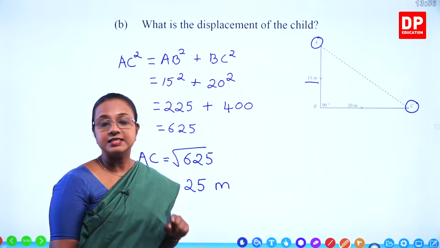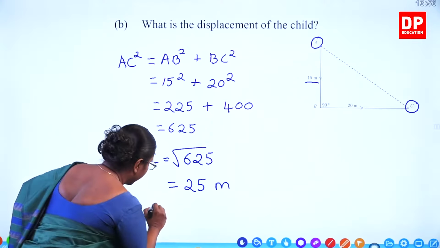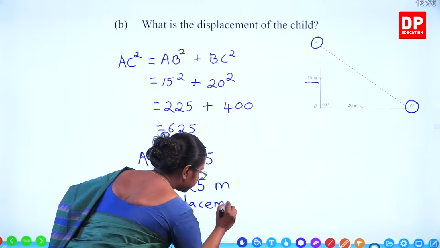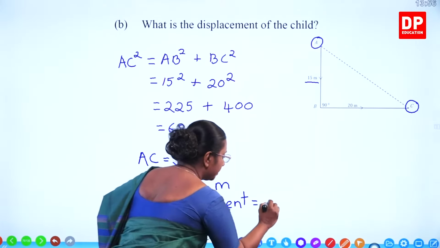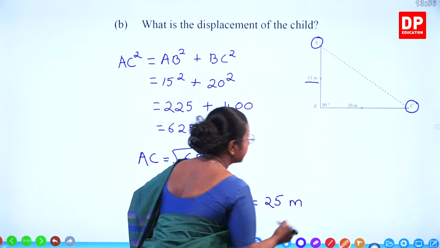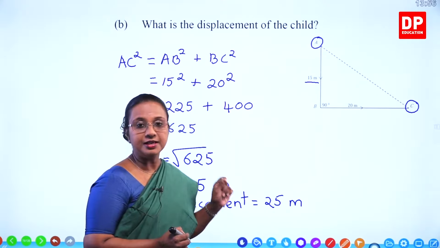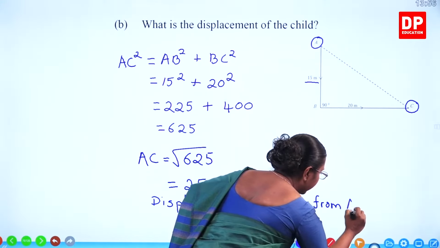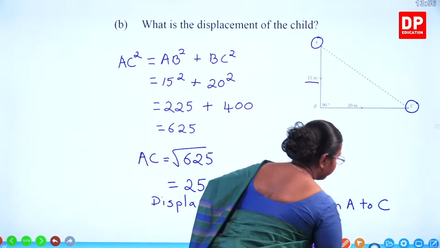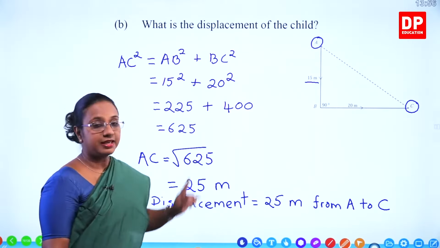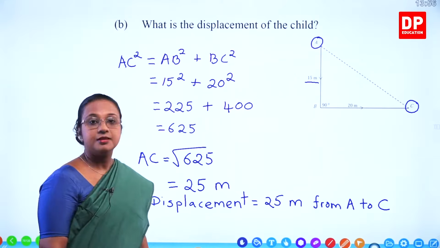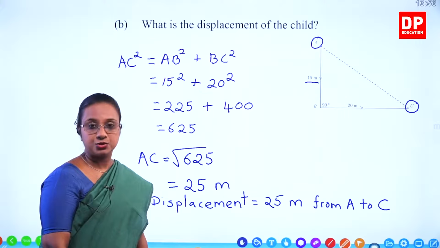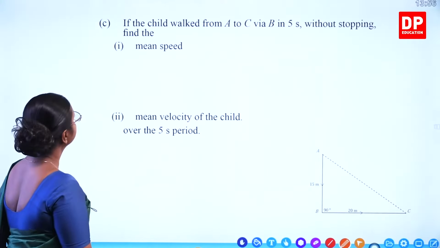And here, since it is the displacement, we have to write it as displacement equals 25 meters, and we have to specify the direction from A to C. Since the letters are given, we use them to denote the direction. So, displacement is 25 meters from A to C. Next question.